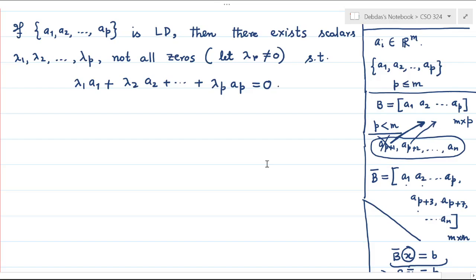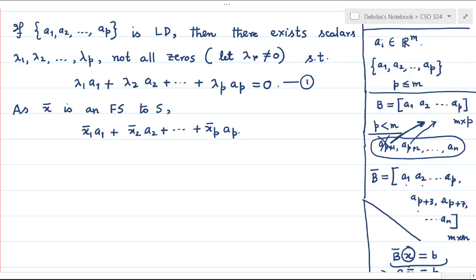So from here, we name it as, let's suppose, 1, and now as x bar is a feasible solution to S, you have x1 bar a1 plus x2 bar a2 plus xp bar ap, then plus the rest of the components are all 0, equal to b.